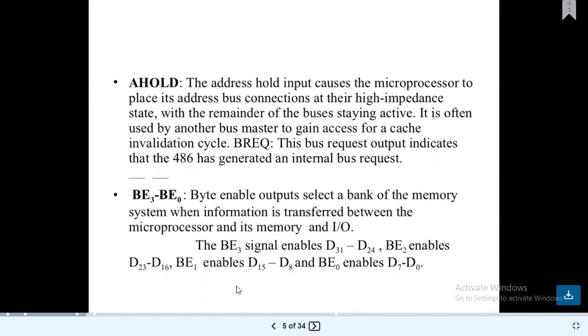So the byte enable signals enable the total 32 bits: 24 to 31 means 8 bits of byte enable, then 16 to 23, 8 to 15, and 0 to 7. So 0 to 7 is 8, 8 to 15 is 8, 16 to 23 is 8, and 24 to 31. 8 plus 8 plus 8 plus 8 is a total 32 bits of byte enable.